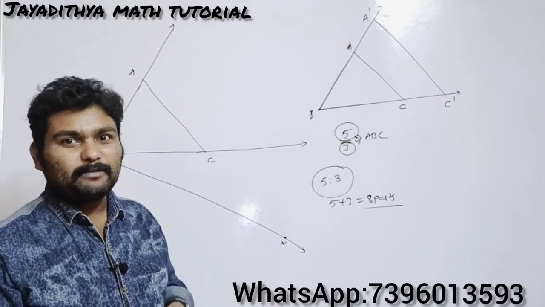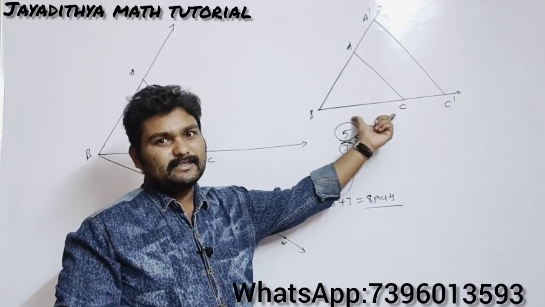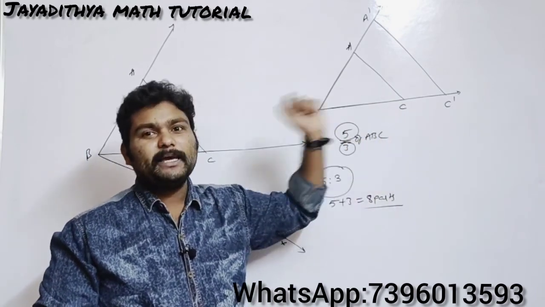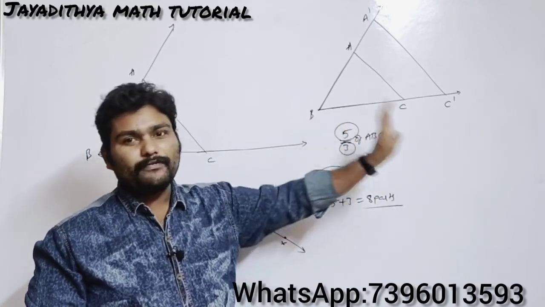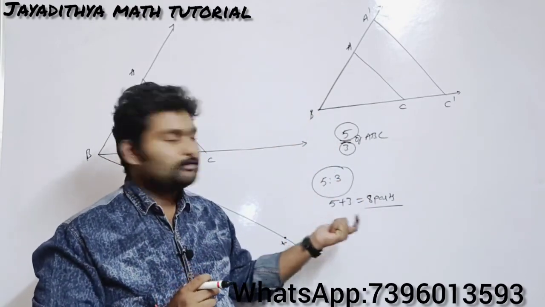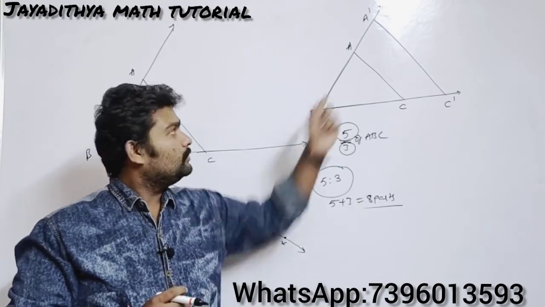You should understand it in that manner. For example, if BC is 3, BC dash will be 5. So this is the meaning of that. Don't get confused between dividing a line in the given ratio and similar figures.